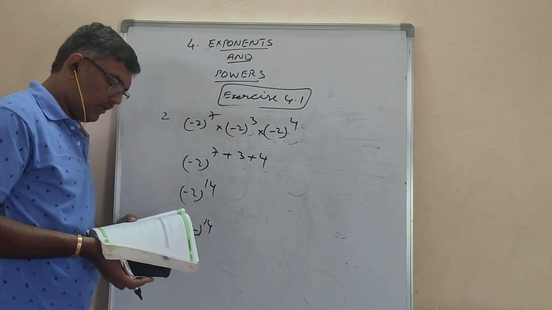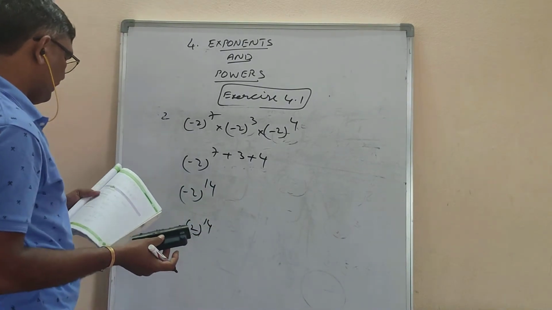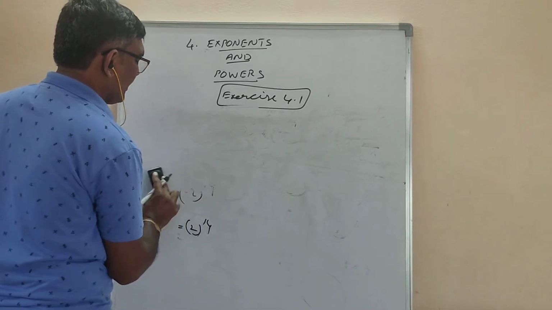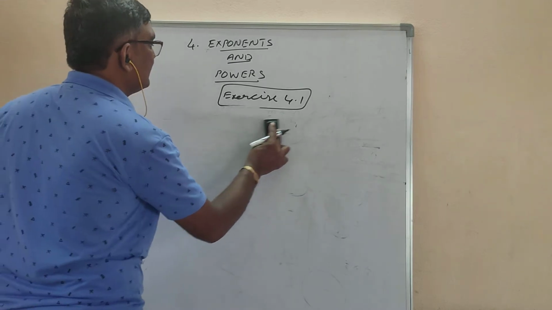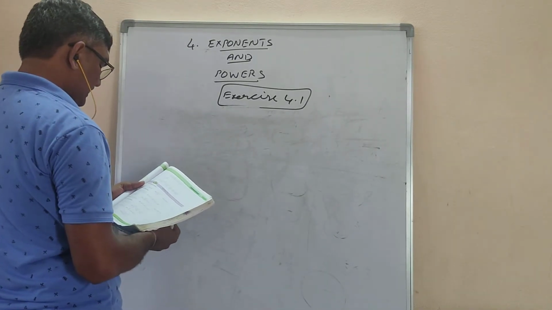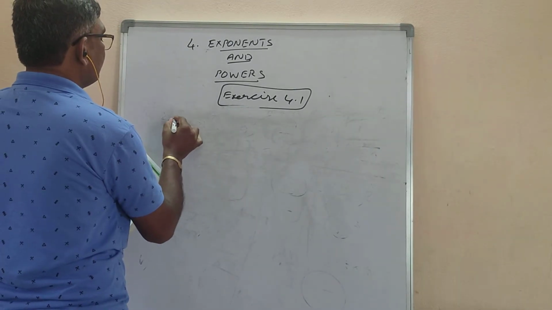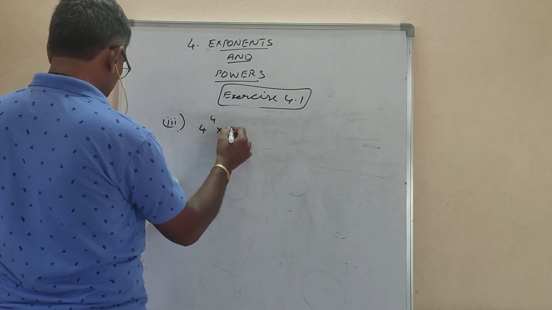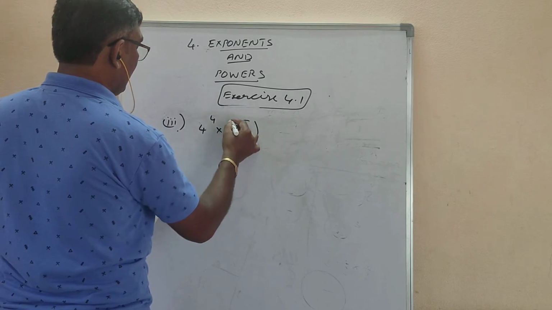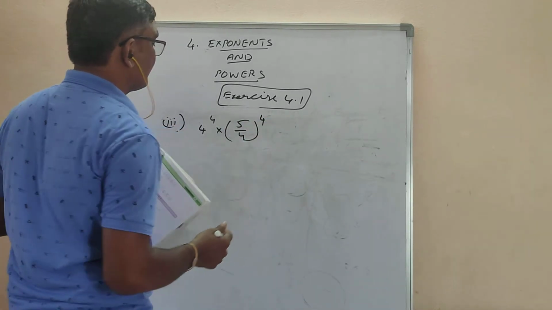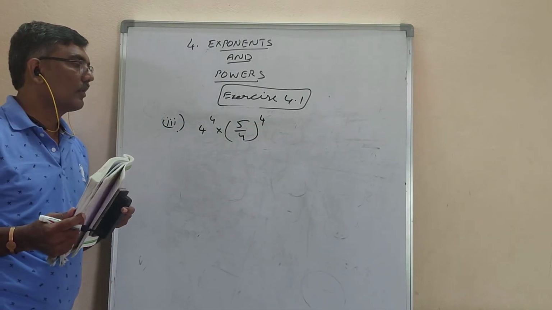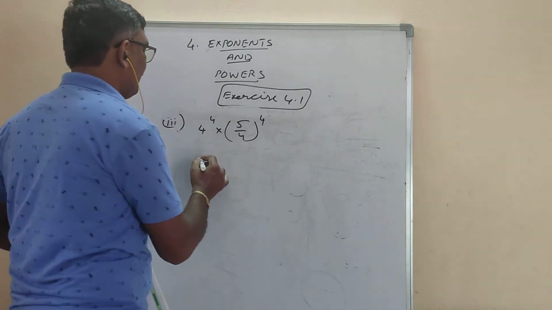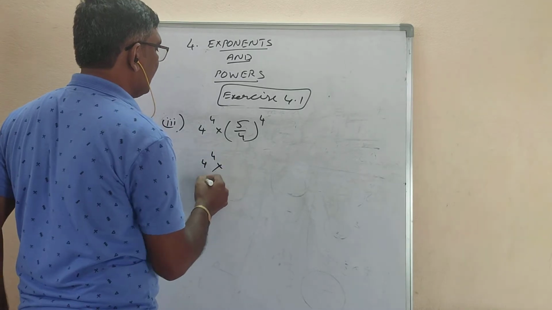Okay. Now we will go with the next problem. What is the next problem? See it here. The next problem is the third one: 4^4 into (5/4)^4. Now how do we have to do it? We'll see. 4^4 I wrote the same.